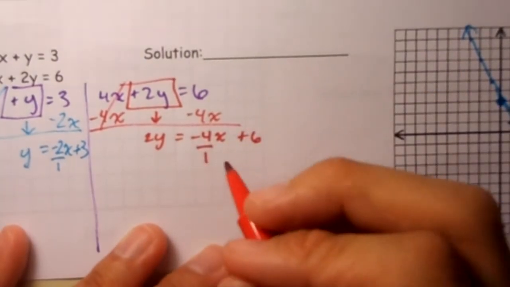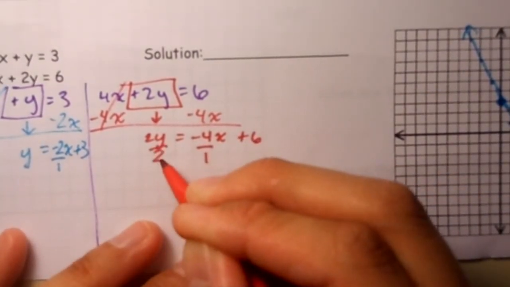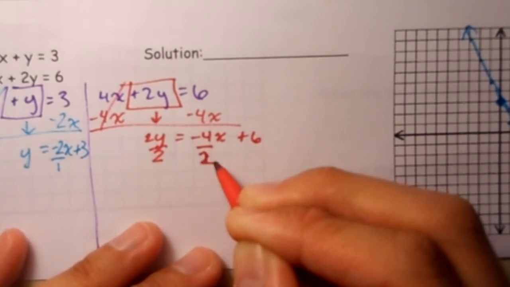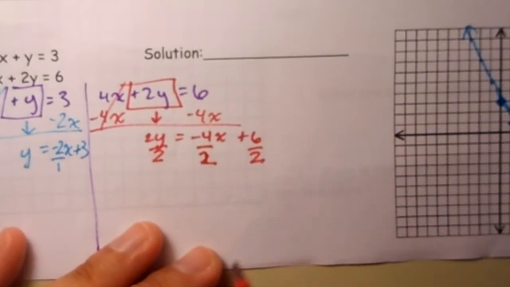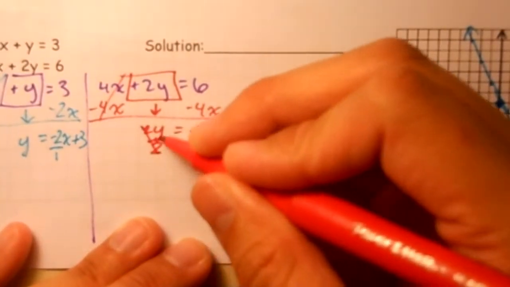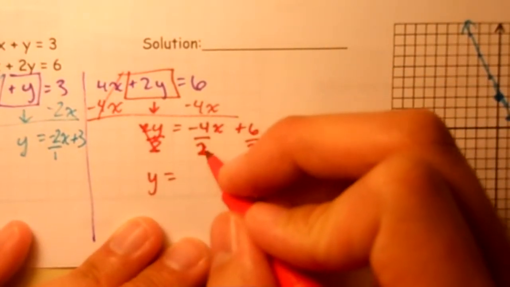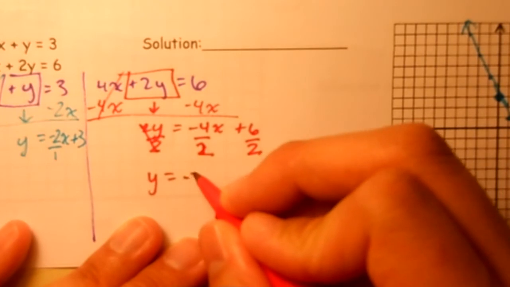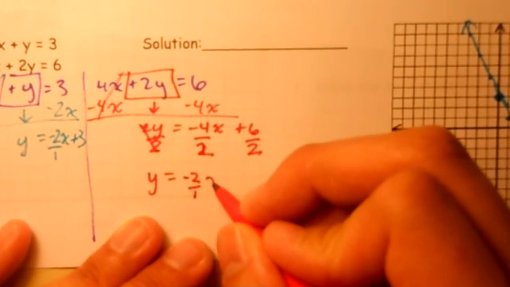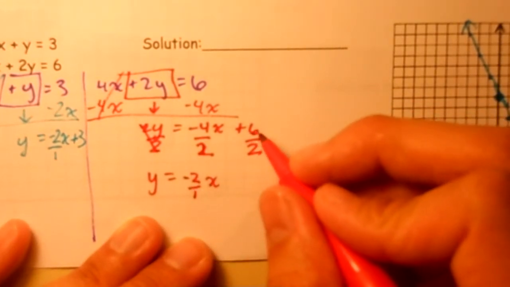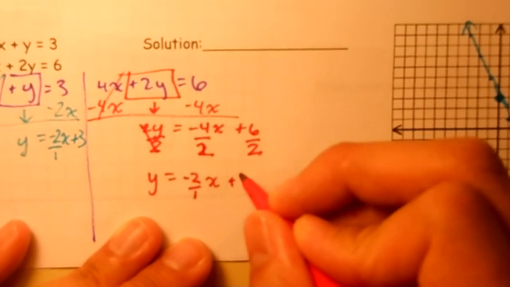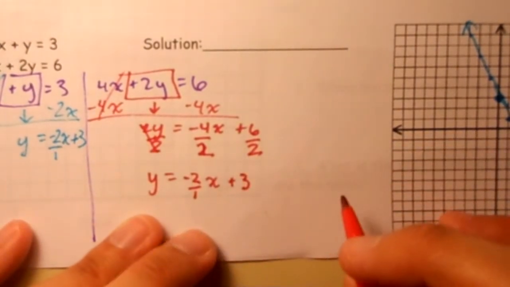I've got to divide every single term by 2. Divide by 2. 2 times 1 is just 2. Divide by 2. The 2's will cancel out. You're left with y equals, well, -4 divided by 2 does give you a -2. Again, put it over 1. And then 6 divided by 2 gives you a positive 3. And there's your new line.